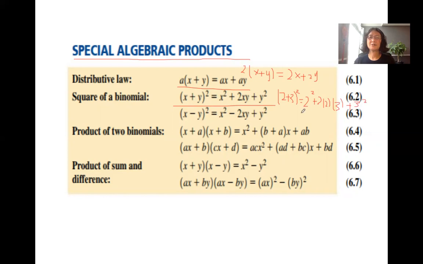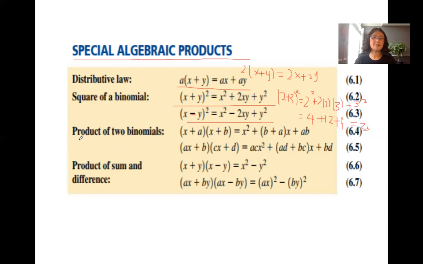Okay, and the result is 4 plus 12 plus 9. So the final result 25. Okay, and this is square of binomial. If you change, it could be negative sign, you use corresponding formula.